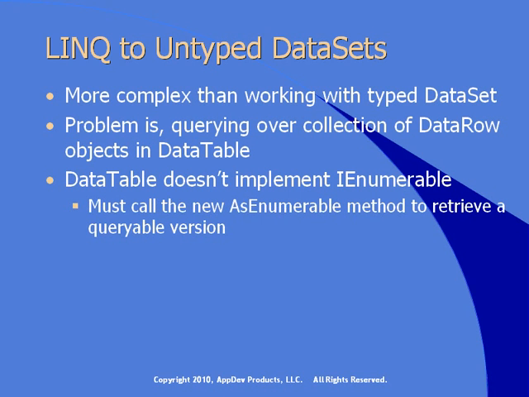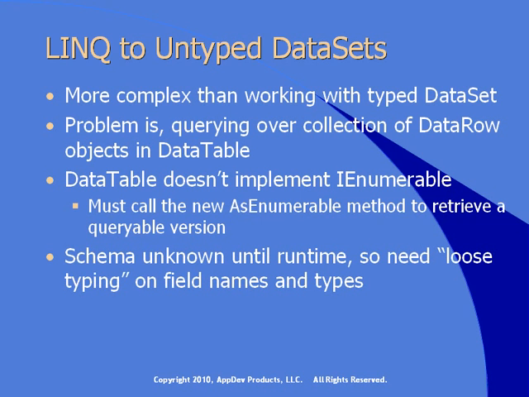So, the LINQ namespace includes an extension method for the data table class, which doesn't change at all. There's an AsEnumerable method, which is an extension method on the data table class, which allows us to retrieve the contents of the data table as an enumerable instance. So you can then query it. So we'll need to call the AsEnumerable method of the data table before we can query it using LINQ.